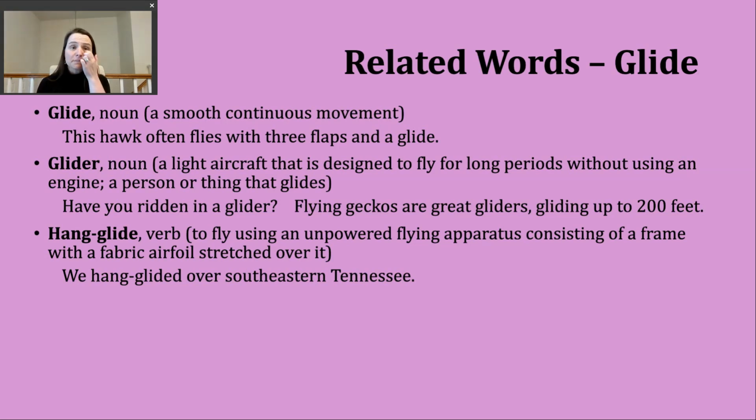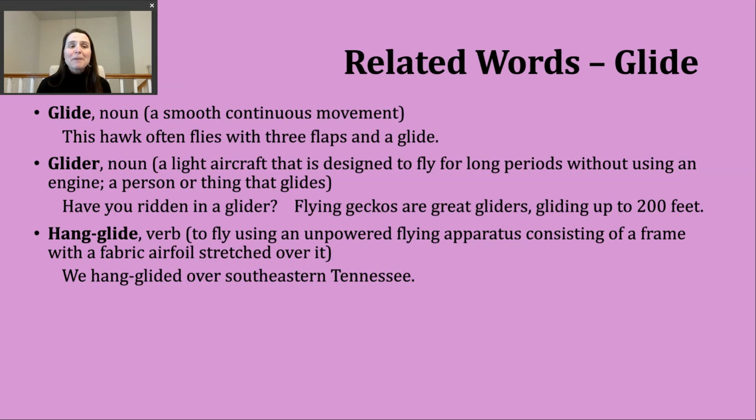An example of this might be, this hawk often flies with 3 flaps and a glide. Okay? So that idea of it's going to move its wings kind of 3 times and then just coast might be another word to describe that. Continue moving through the air.